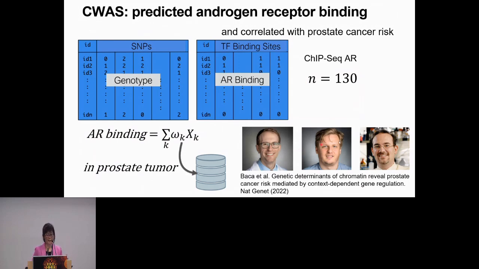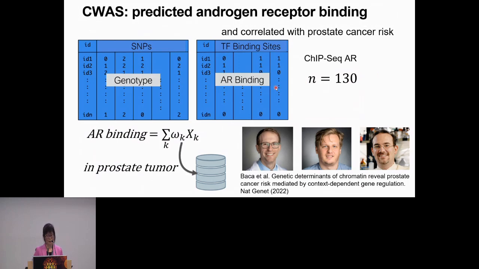Because for this experiment they need about 130 samples, at least 100 samples. These are ChIP-seq experiments, and 100 of them cost hundreds of thousands of dollars. So if we want to do this for thousands of transcription factor tissue pairs, it just doesn't work. They did it for this one, which was good because now we can use this as our validation.